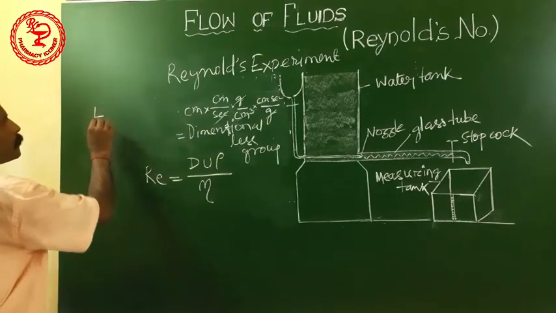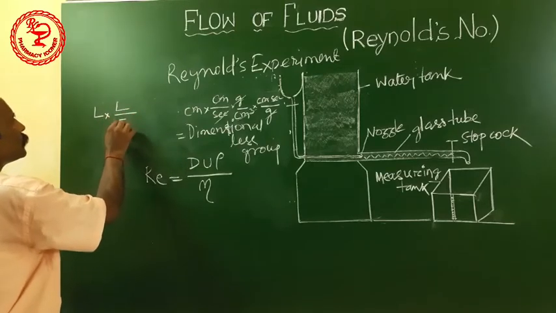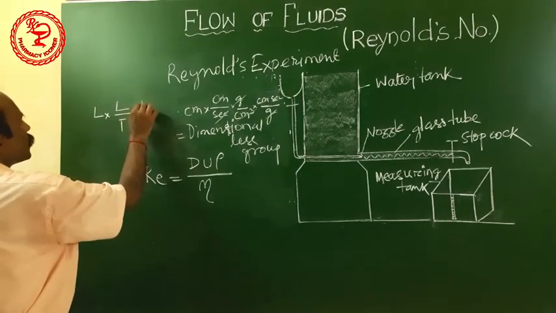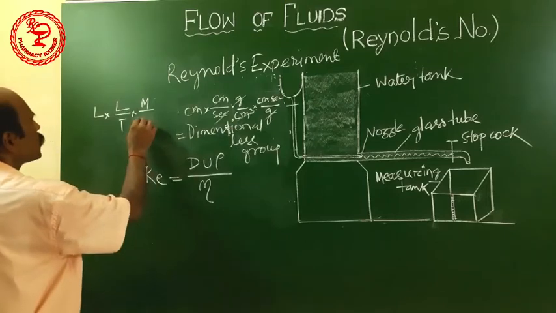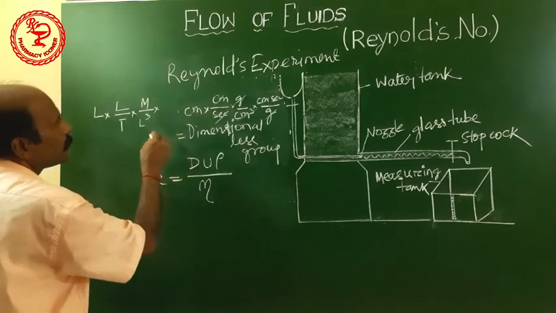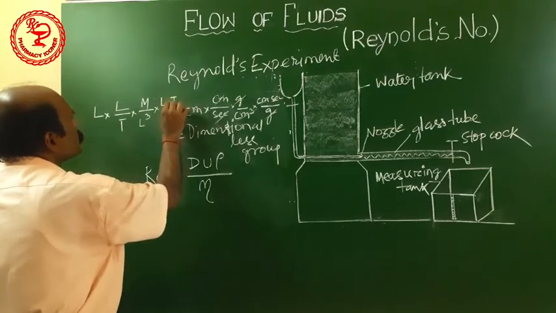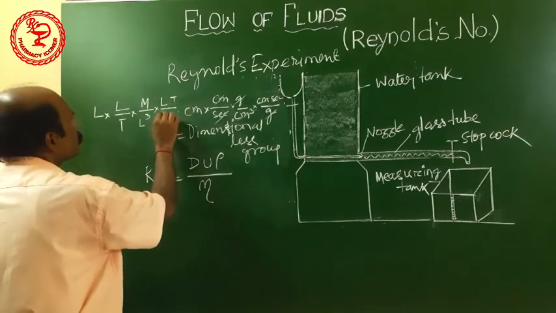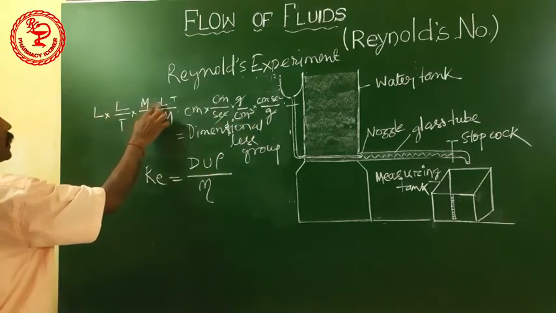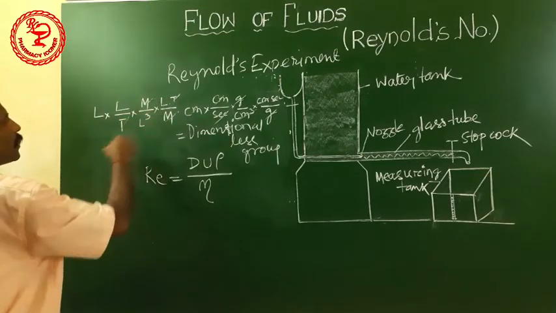Centimeter is length, centimeter per second is length by time, gram per centimeter cube is mass divided by length cube, and centimeter second is length into time, divided by gram, which is the mass M. Now see, L cube will be cancelled, T and T will cancel, M and M will be cancelled.